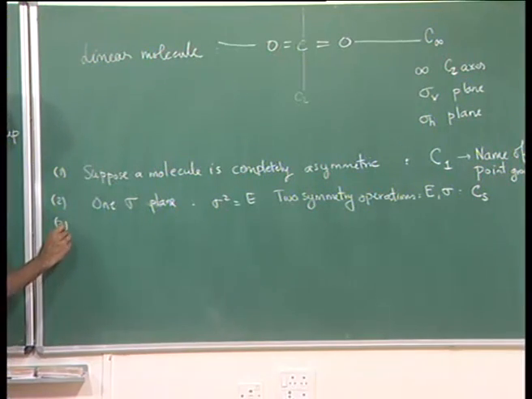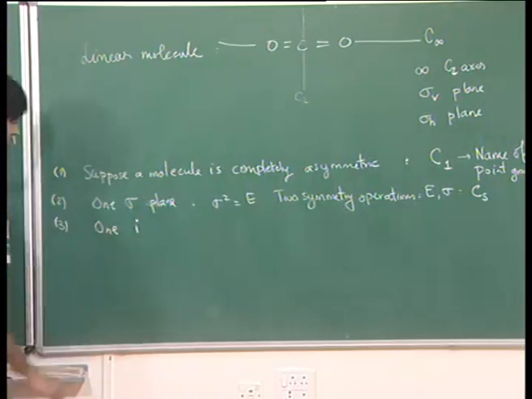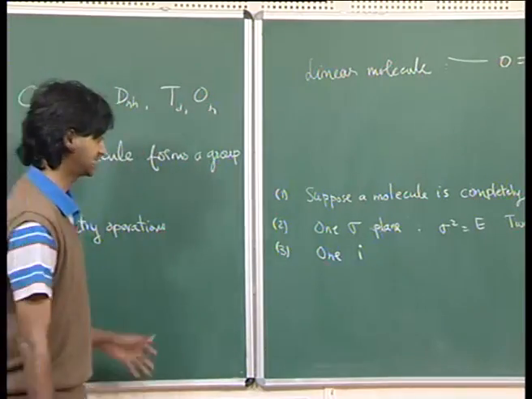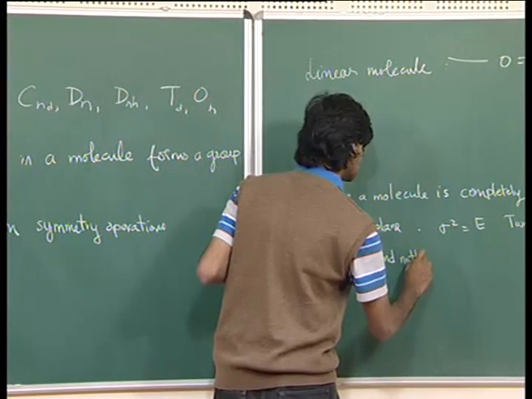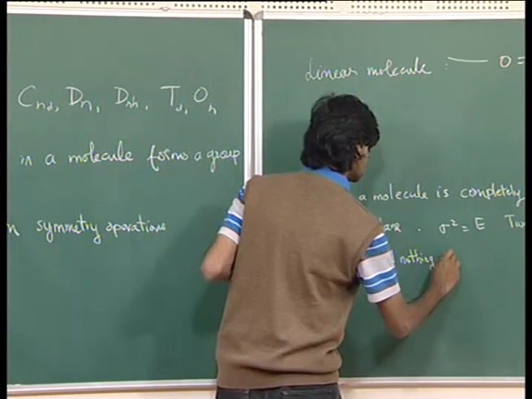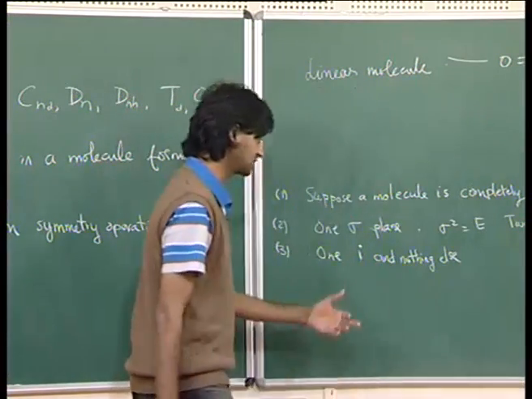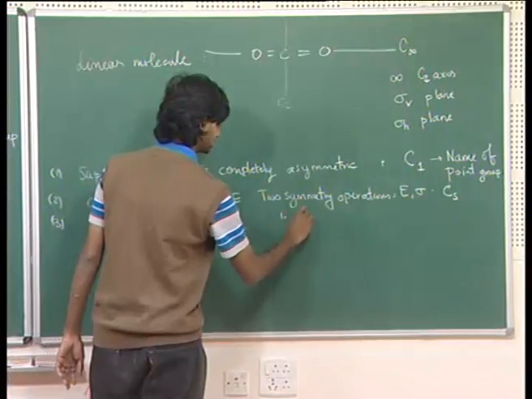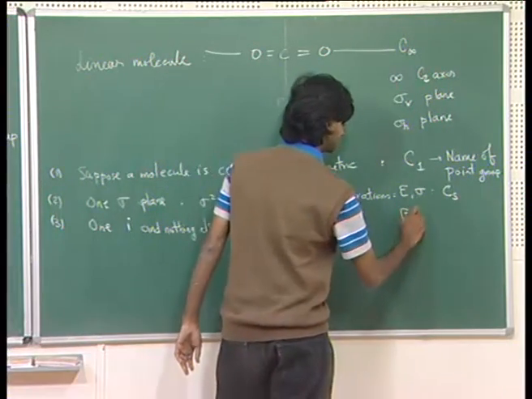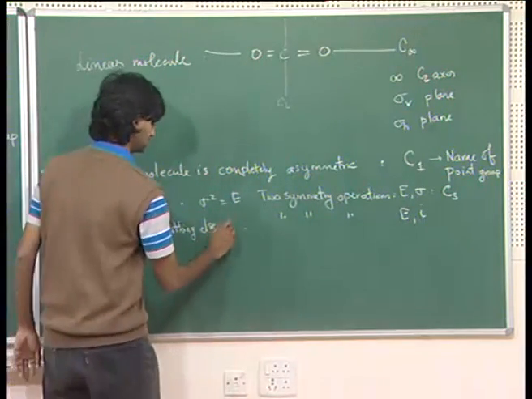The third example, one I, so one center of inversion and nothing else. So then the two symmetry operations are E and I, and similarly I square is equal to identity.